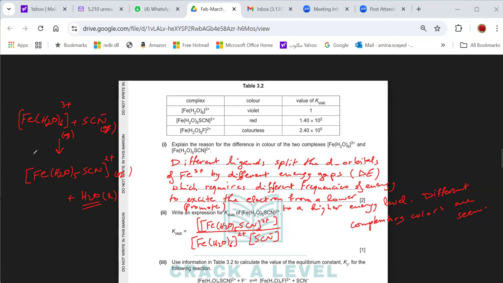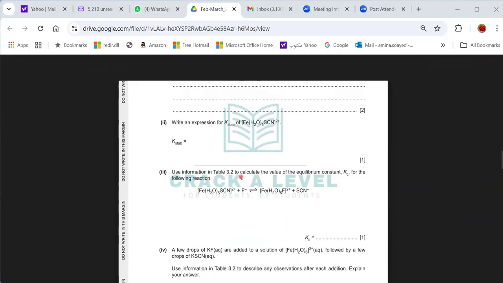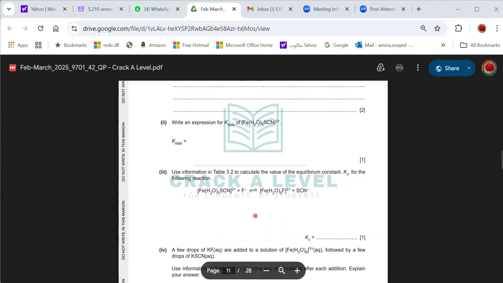It says, use information in the table to calculate the value of the equilibrium constant Kc for the following reaction.